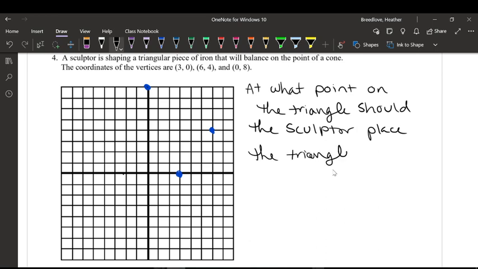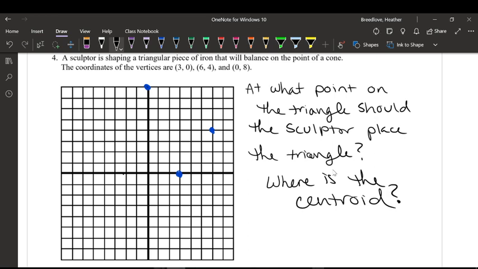I don't know, something like that. That's probably not worded right. So basically what I'm asking is, where's the balance point of the triangle, of that flat piece of iron, right? So it's saying, where is the centroid? That's another way of saying it. Where is the centroid?